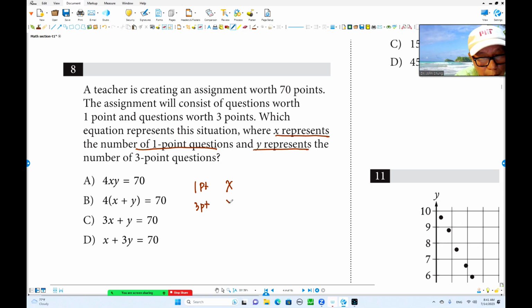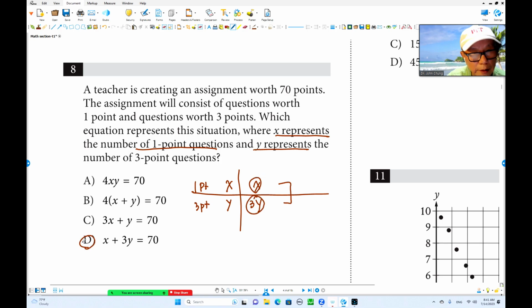I represent the number of 3 point questions by y. So you can find the total: 1 times x plus 3 times y. Okay? That's your total points from each of the questions, the 1 point and 3 point. Total is 70. x plus 3y equals 70. That's the answer, okay?